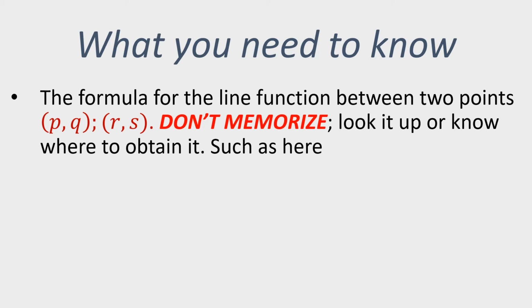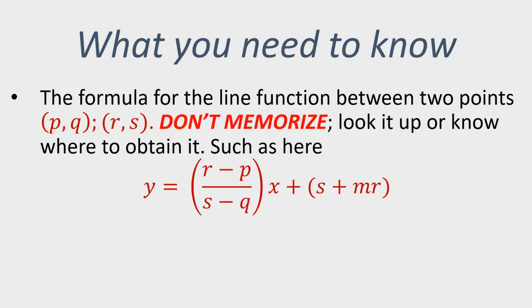So what do you need to know? First of all, the formula which given any 2 points describes a line function connecting those 2 points. You don't need to memorize that formula, you can look it up. This is the formula here.